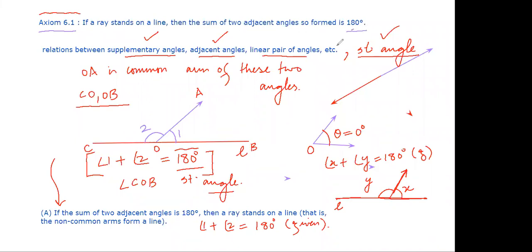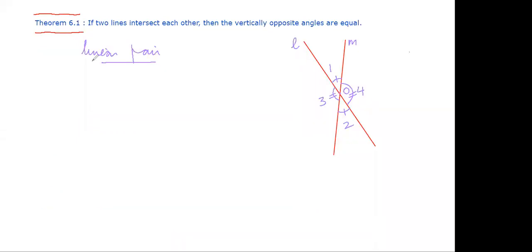You can also name it the linear pair axiom. So here we use this linear pair axiom to prove this theorem. If two lines intersect each other, then the vertically opposite angles are equal. We all know they're equal.